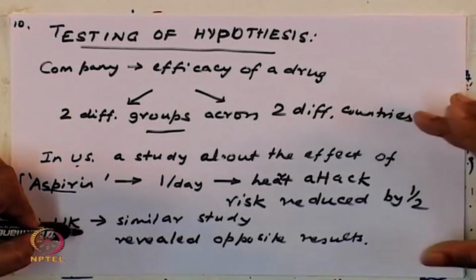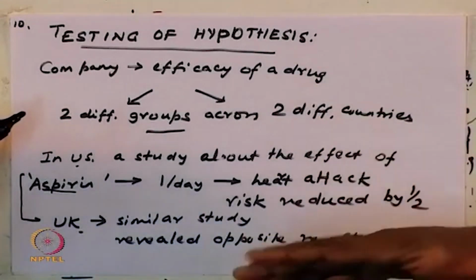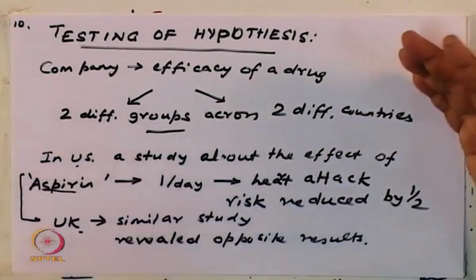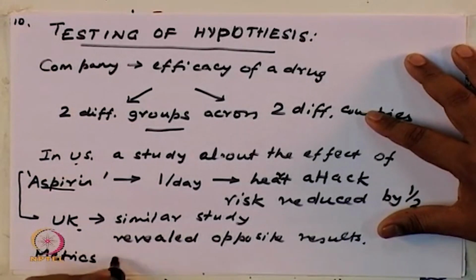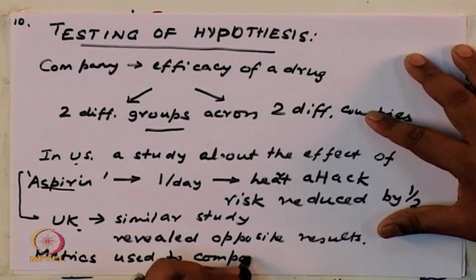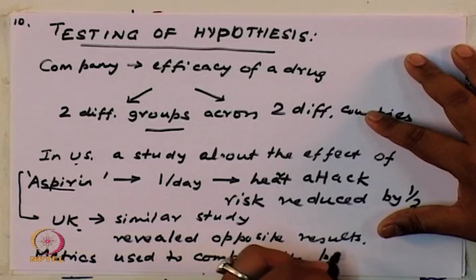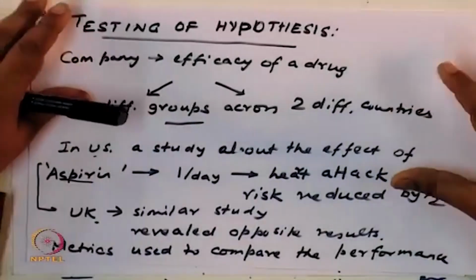It is debatable whether this is because of differences of people, but more likely it is because of the differences in the metrics used to compare the performance. So, this is where statistics becomes very important.